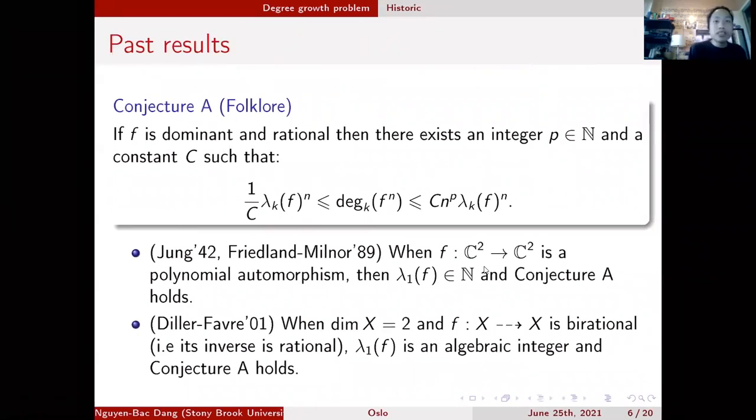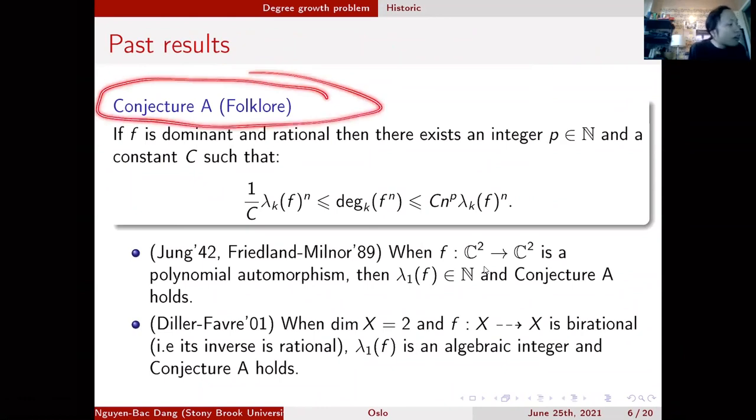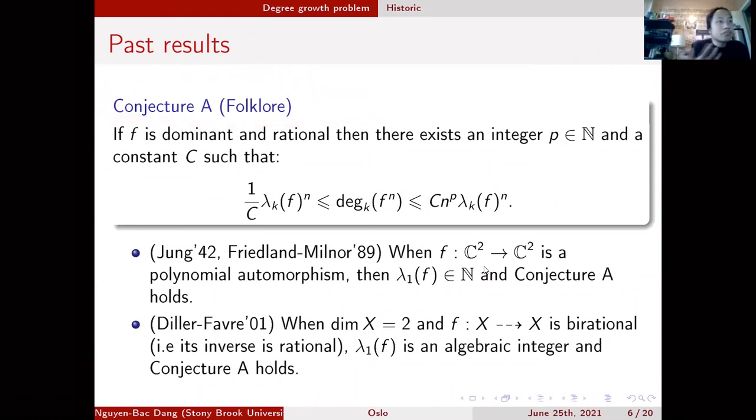Okay, so this is somehow the motivation of the main conjectures and problems in algebraic dynamics when you study these degrees. I call it a folklore conjecture because it's something that was written, but it's somehow very hard to tackle. It says that if this happens for regular maps, then it should happen for rational maps. So there should be a growth in between pure exponential and polynomial times exponential when you take any dominant rational map.